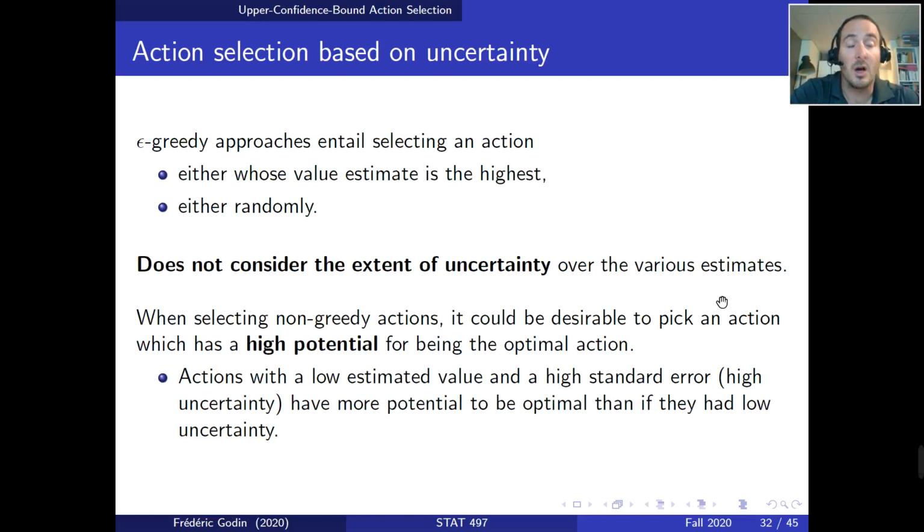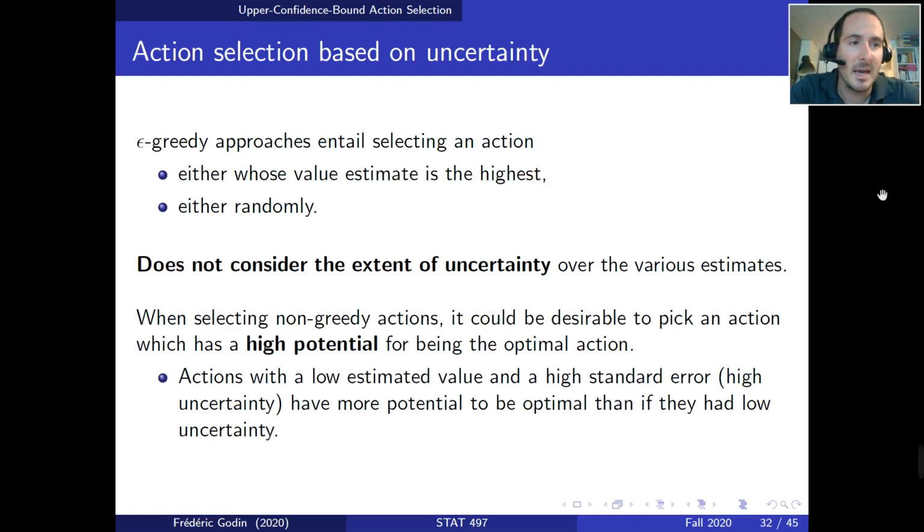we will discuss alternative policies or ways to select action, but with the same objective, which is to maximize the expected return we get within the procedure. Okay, so a quick recall: epsilon greedy approaches entail doing the following.